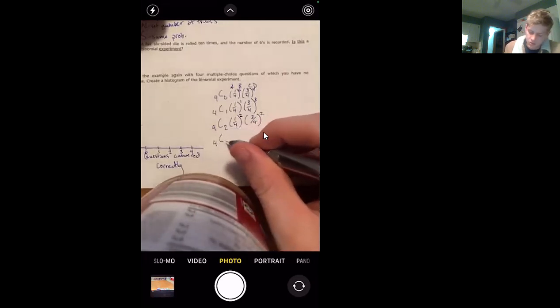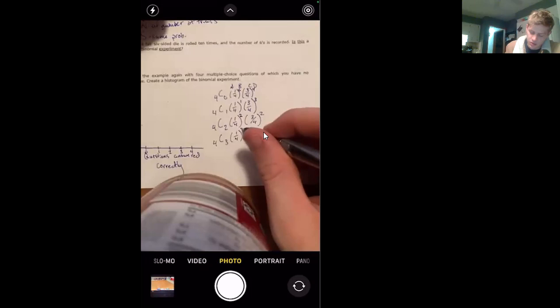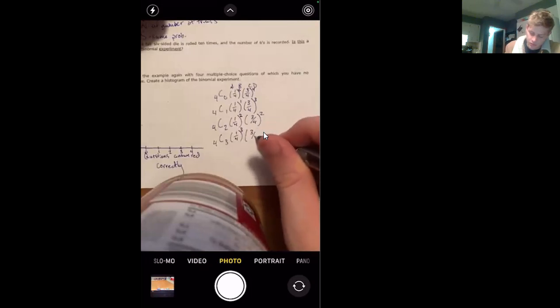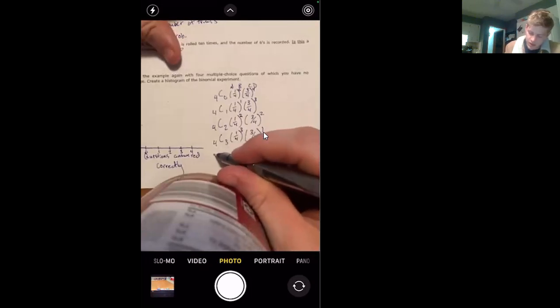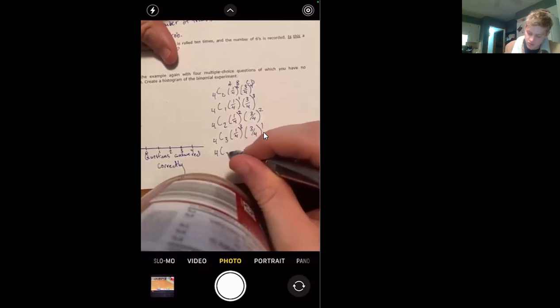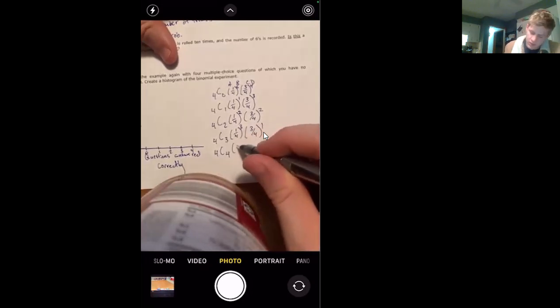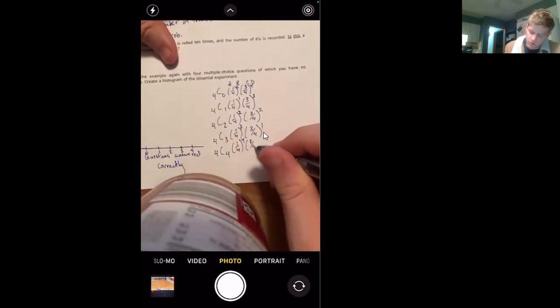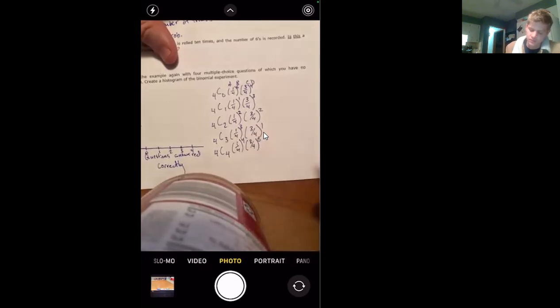Then next up, 4 choose 3. 1 out of 4 to the 3, 3 out of 4 to the 1. Last up, we get 4 choose 4. 1 out of 4, that's going to be 4. 3 out of 4, that's going to be 0.